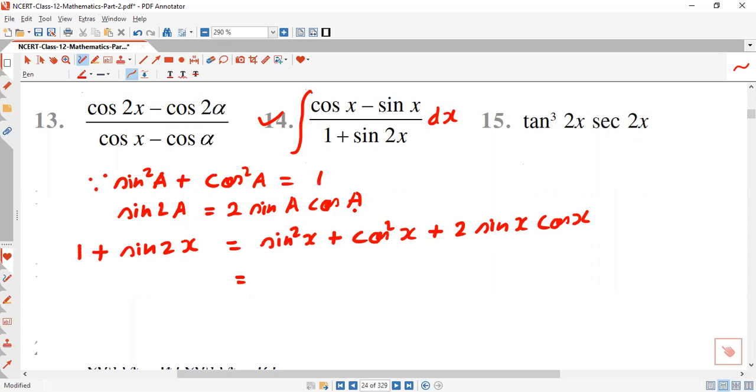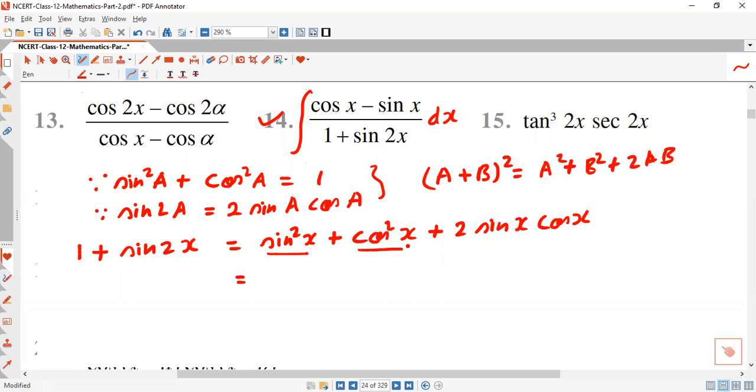This is one more formula you know: a plus b whole square will be equal to a square plus b square plus 2ab. So you see here, this is sin x, a square, b square plus 2ab.